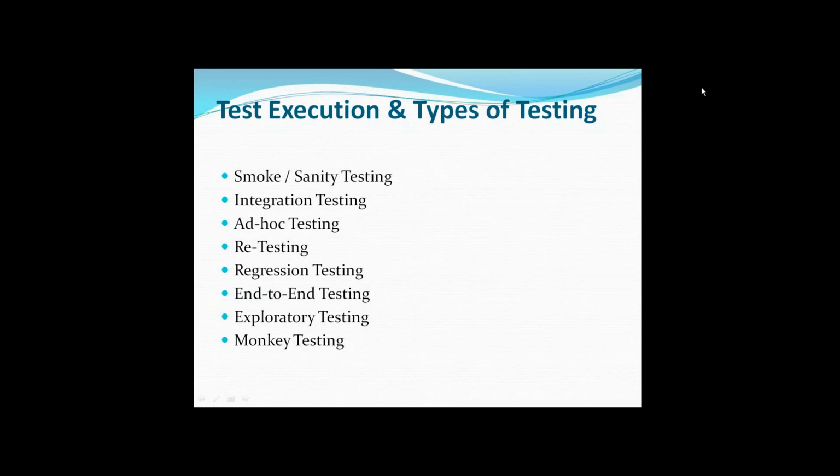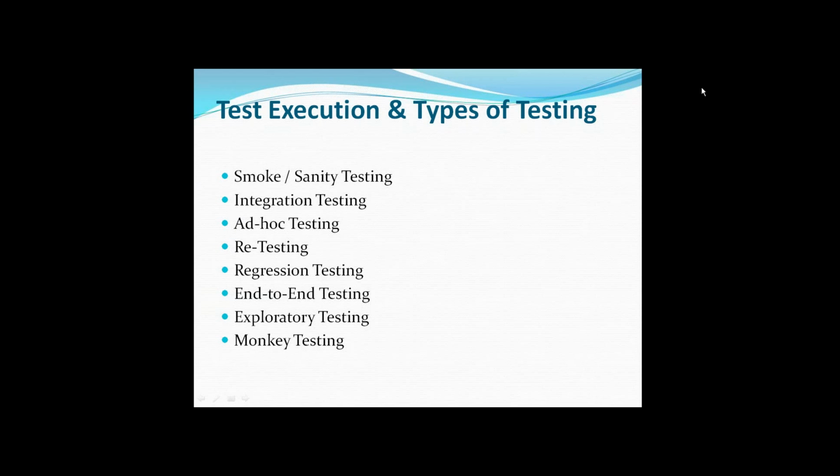So we have lots of types of testing in software testing, in manual testing, like smoke, sanity testing, integration testing, ad hoc testing, retesting, regression, exploratory, monkey testing; a lot of types are there. I have explained.